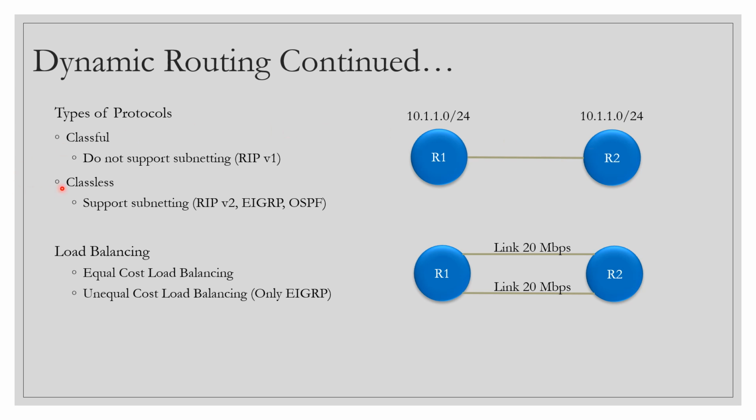However, the beauty of classless is that it will support custom subnetting as well. RIP version 2, EIGRP, and OSPF all support classless routing, which means that on this side, if I say 10.1.1.0/24 and I transfer the packet to R2, not only the network information is transferred, but along with that the subnetting information is also transferred.